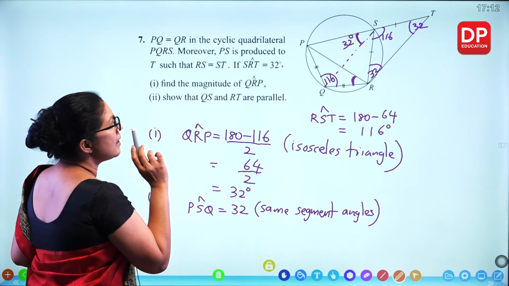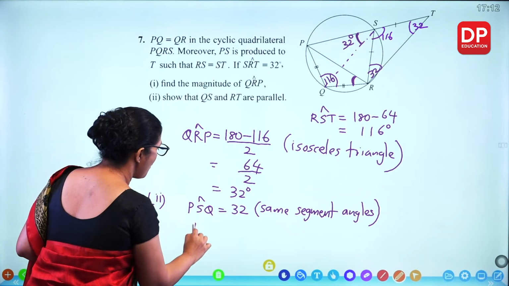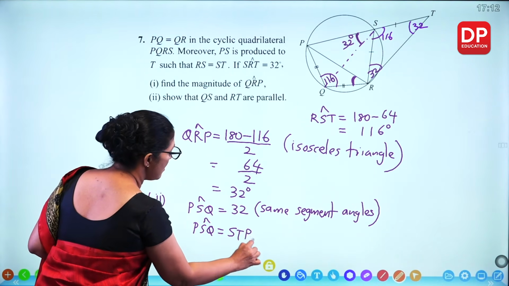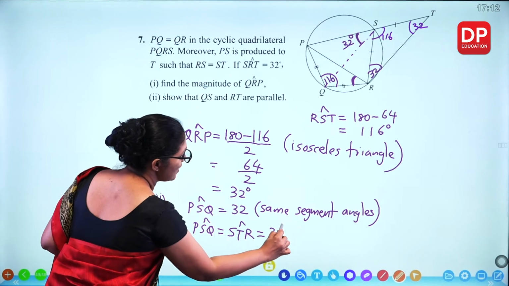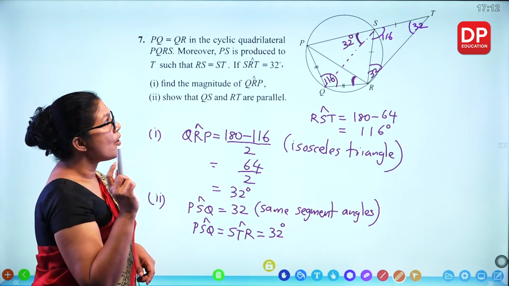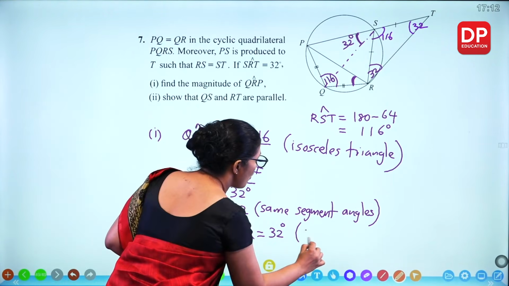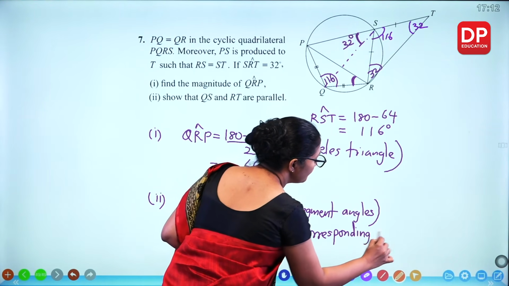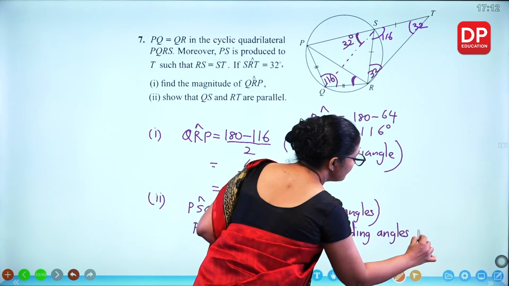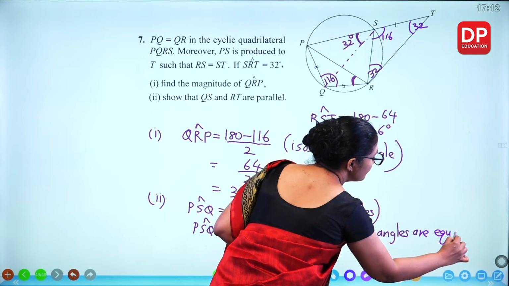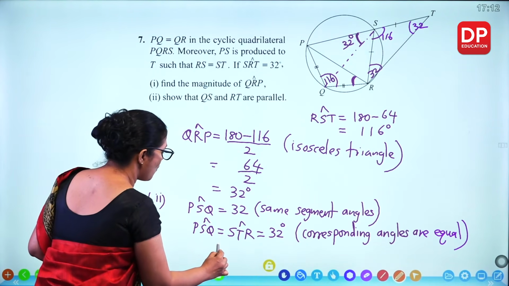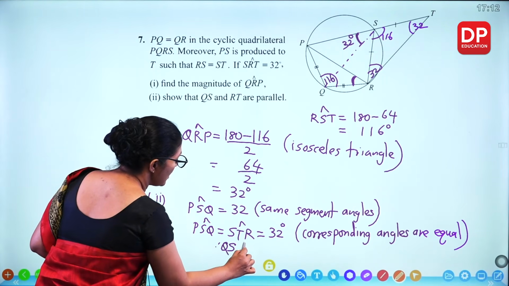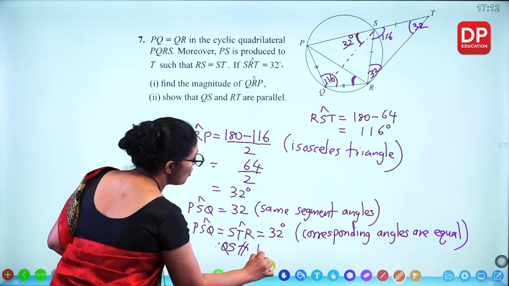Then PSQ and STR both are 32 degrees. Those are corresponding angles. Corresponding angles are equal. So therefore, QS is parallel to RT.